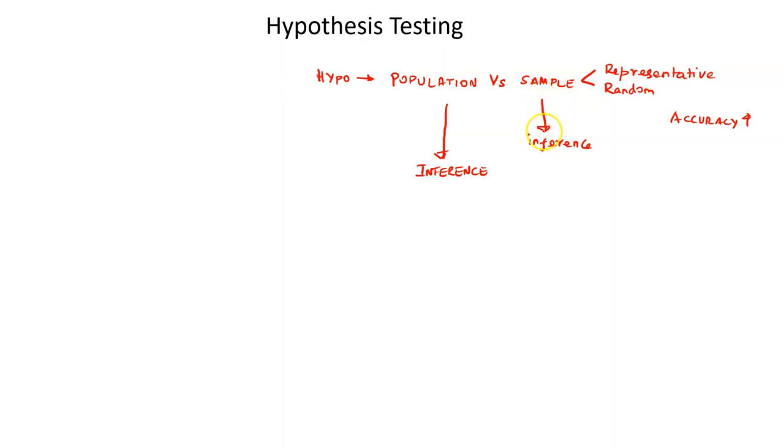I draw an inference based on the output of the machine learning models that use sample data. I have this inference that is based solely on the sample data set. However, I use that inference to draw conclusions for the entire population. That is where the concept of hypothesis testing comes in, right?